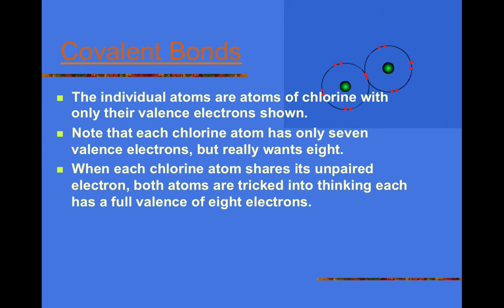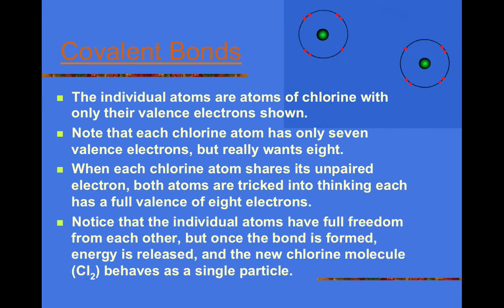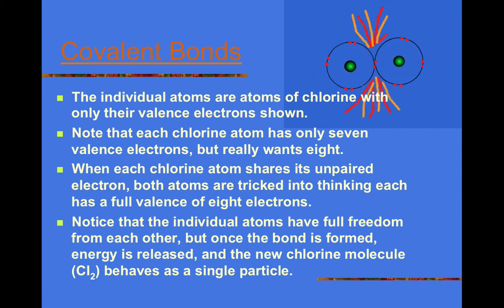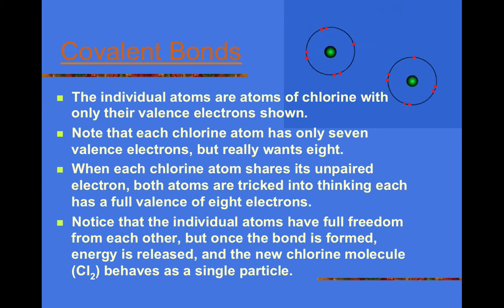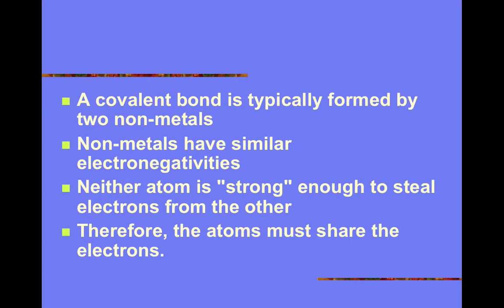That's a compound, where maybe two nitrogens will bond together, two chlorine atoms can combine together. There's a lot that basically can form. They are sharing electrons, so it connects together. Again, as I said, two nonmetals, and they have similar electronegativities.